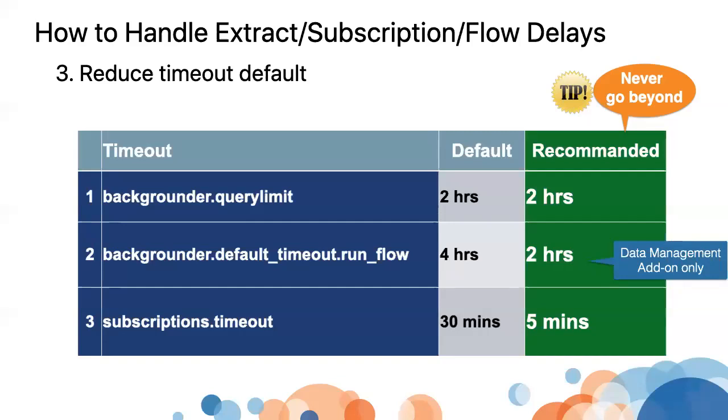And also the way the subscription timeout works is that if the workbook has 3 views and someone subscribes to the workbook, each view gets 5 minutes. So together the whole workbook becomes a 15 minute subscription timeout, which is another reason 30 minutes is way too long. Reduce it.